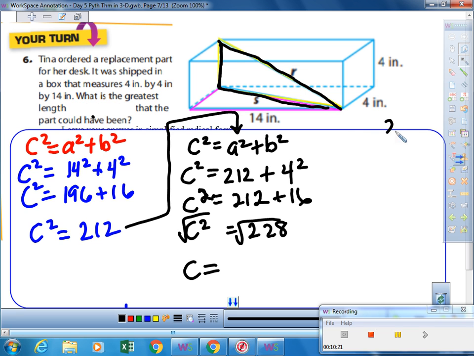We're going to factor 228. So I can divide by 2, so that would be 114. Divide by 2. Finish it off. Finish off the factoring. And see what you get for your answer.